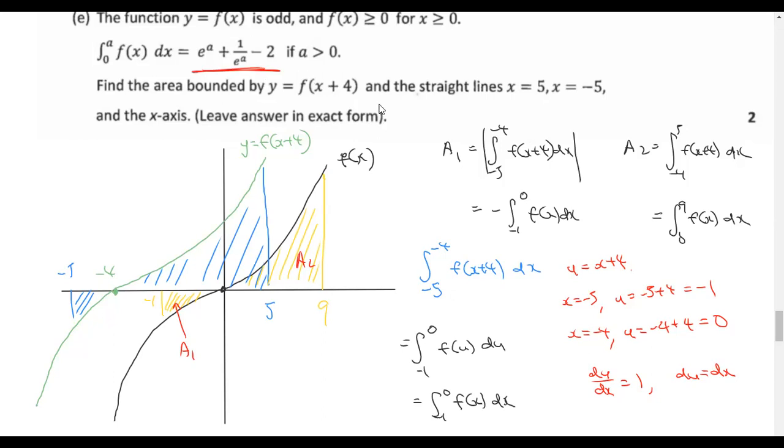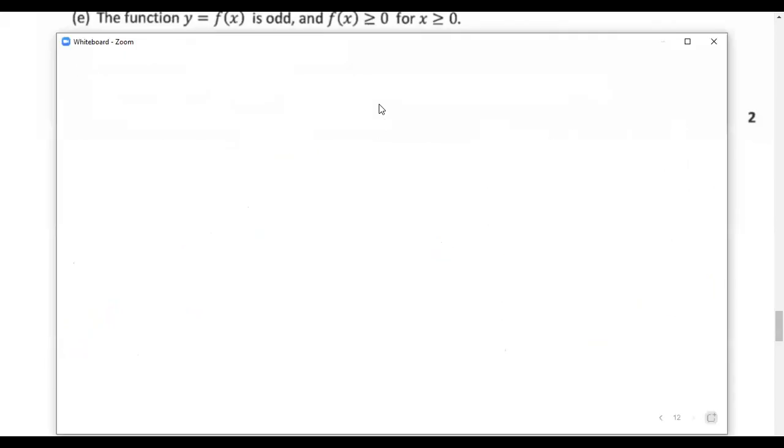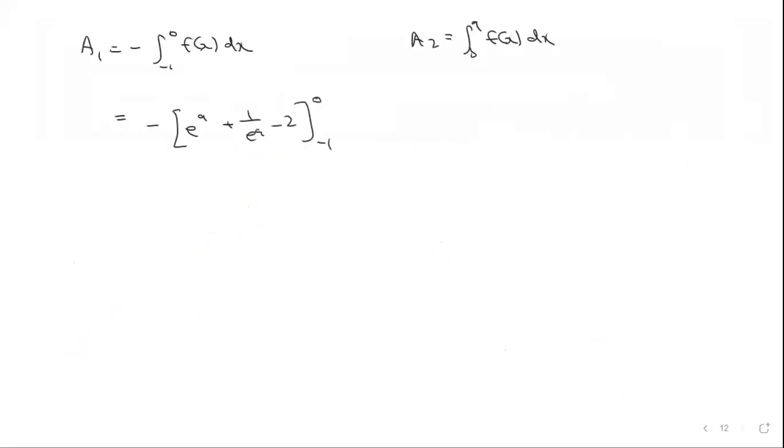So let's do that. Area 1 is -1 to 0. We know that it's going to be e to the a plus 1 over e to the a minus 2. So that's going to be 1 plus 1 minus 2 minus e to the -1 plus e minus 2.